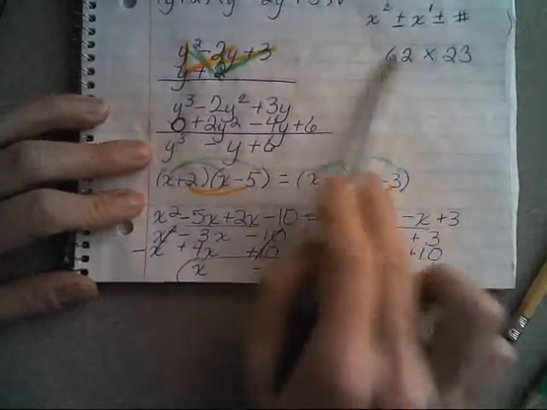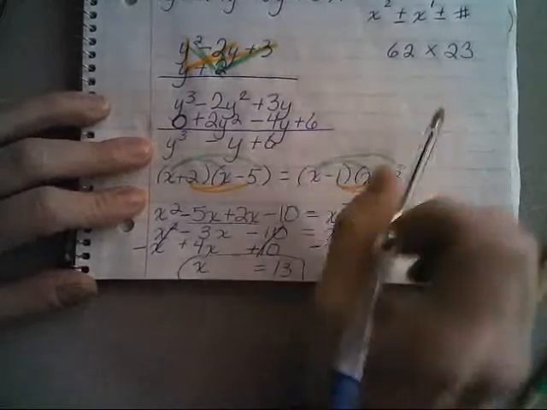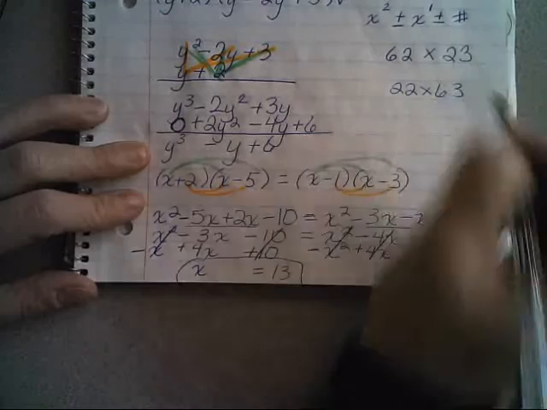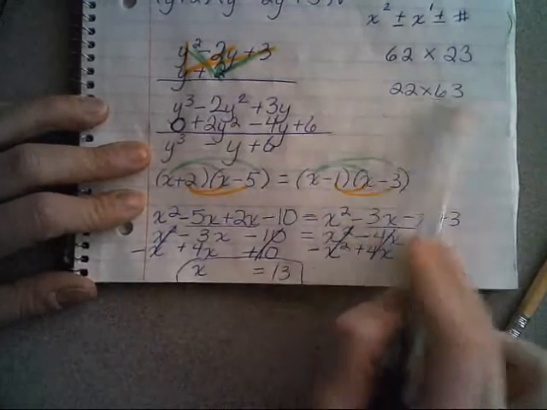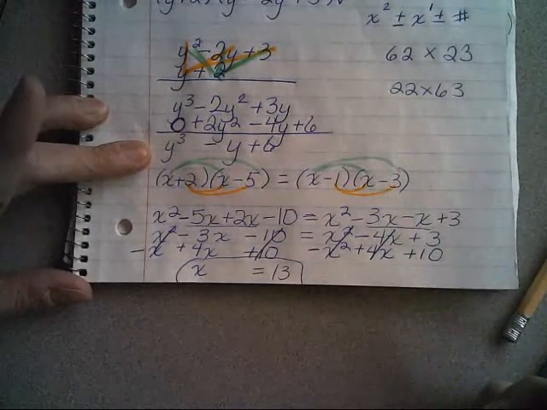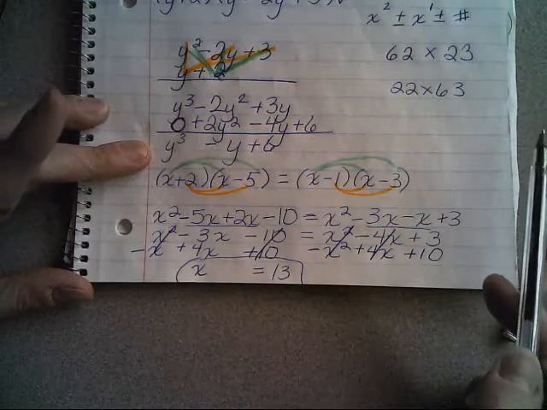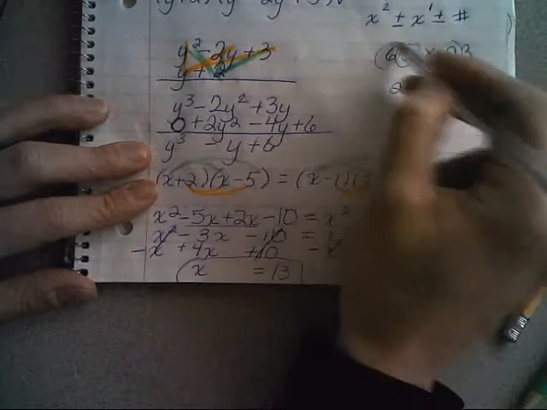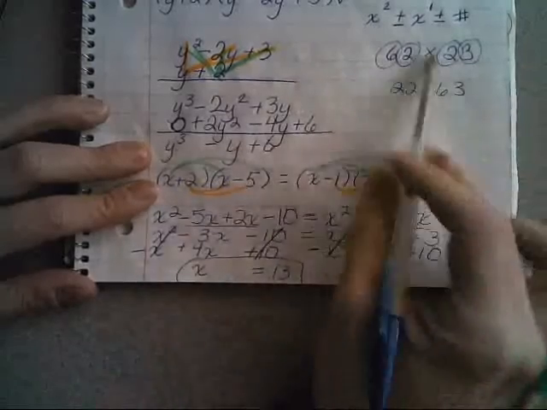You cannot just rearrange this and say, well, it would be easier for me if I made it 22 times 63. Is that going to give you the same product? No. You can't move stuff around.